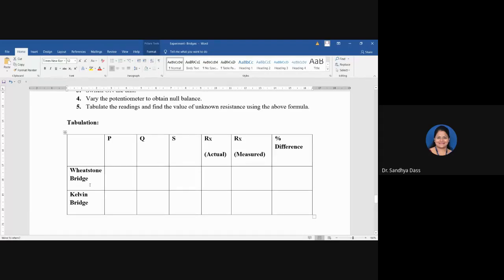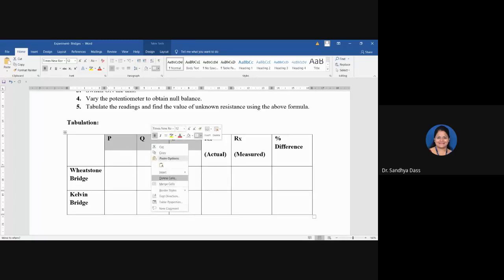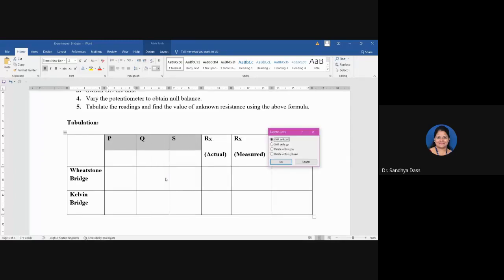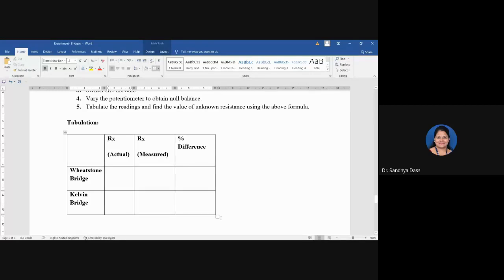So in the Wheatstone bridge, what are the values? I think these 3 columns are not there. You can remove this. You can only tabulate the actual and measured values. That is enough, right? So this table is enough.